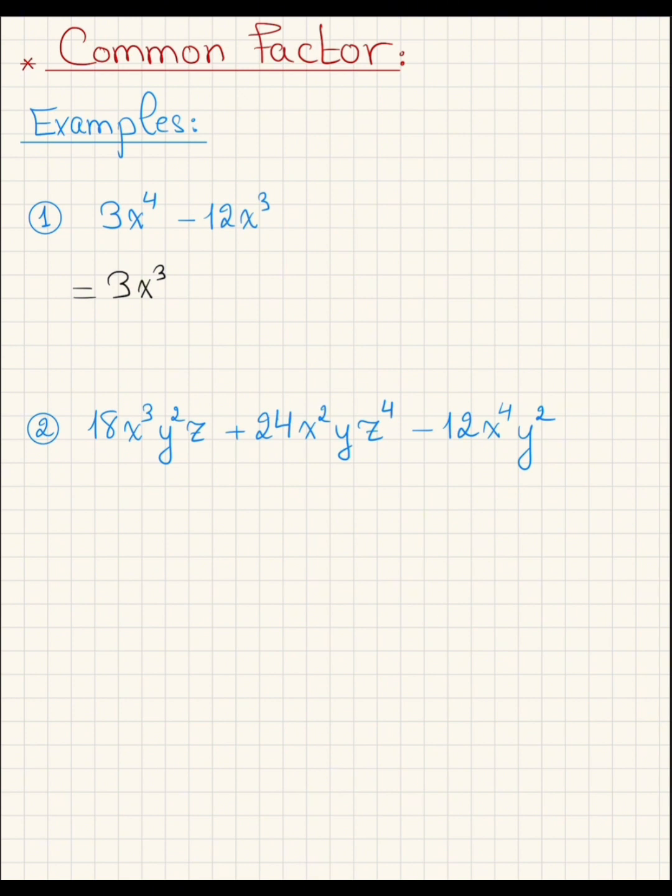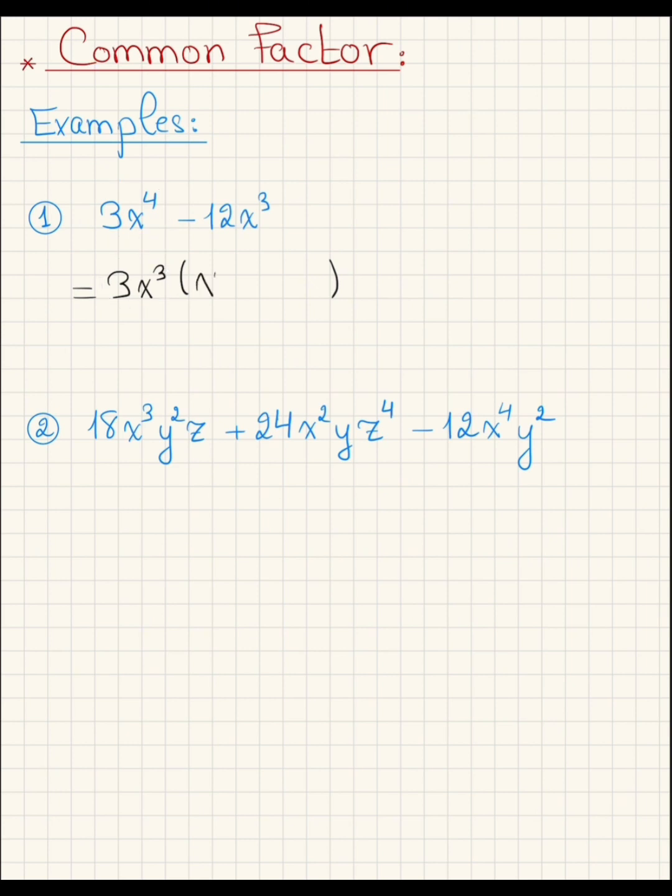In the next step, I have to write inside these parentheses what is left from each term. In other words, I have to divide every single term by the common factor that I just took. So 3x to the power of 4 divided by 3x to the power of 3 is simply x.